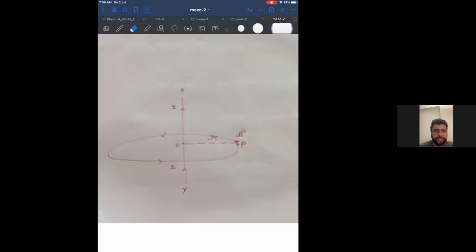It's horizontal, don't need to write, but you should know it's horizontal. We imagine point P to be a part of an imaginary circle occupying a very small length dl. So can you repeat again last line? We imagine point P to be a part of an imaginary circle occupying a very small length dl.